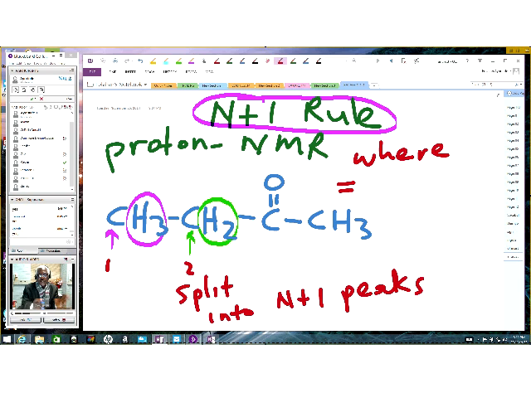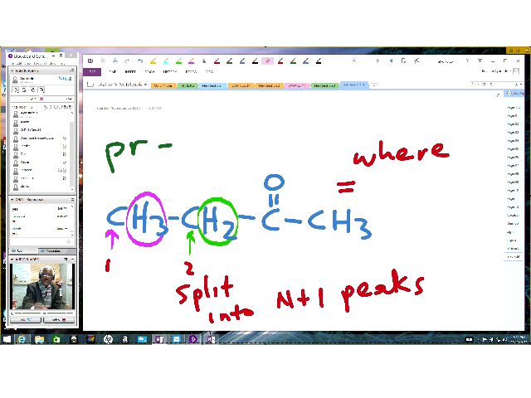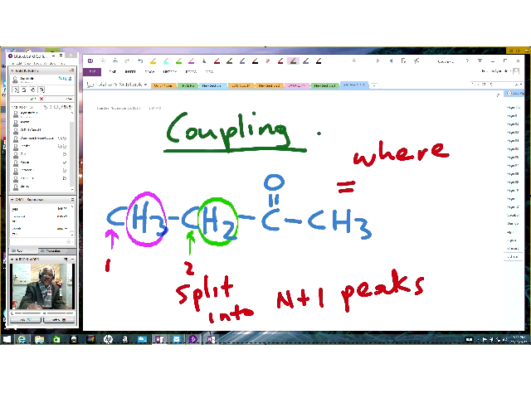The technical term for this is coupling, but we don't need to go into all of that at this point. Let us keep this very simple: they see each other, and they will split each other into N+1 peaks.